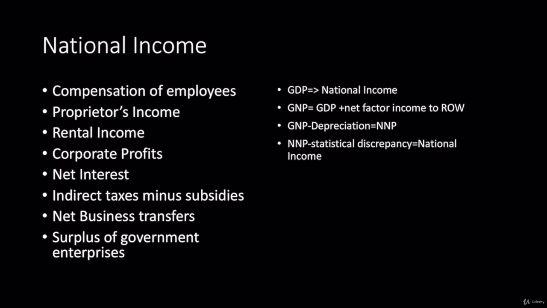Rental income: if you owned, let's say, a property or a warehouse and you rented it out, it's rental income. Corporate profits: if your business is incorporated, not in your name, so the company is its own legal entity and that company makes profit, it's called corporate profits. Net interest is the interest earned from financial capital.